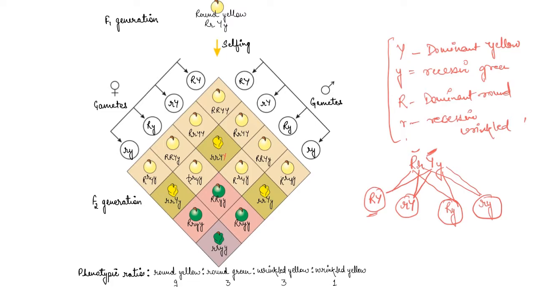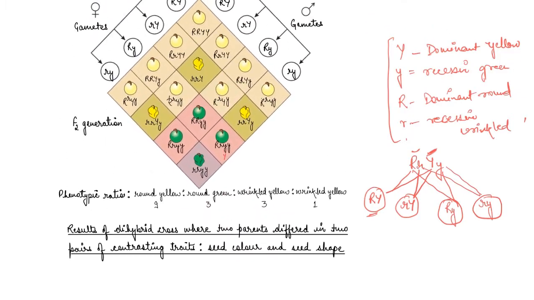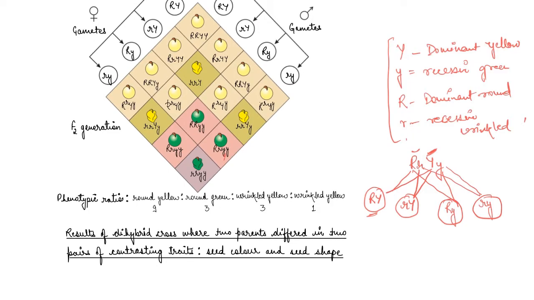So if you see the phenotype here, what phenotype you are getting is basically round yellow, round green, wrinkled yellow, and wrinkled green. And what are the numbers? So if I have to count it, 1, 2, 3, 4, 5, 6, 7, 8, and 9. So 9 round yellow.